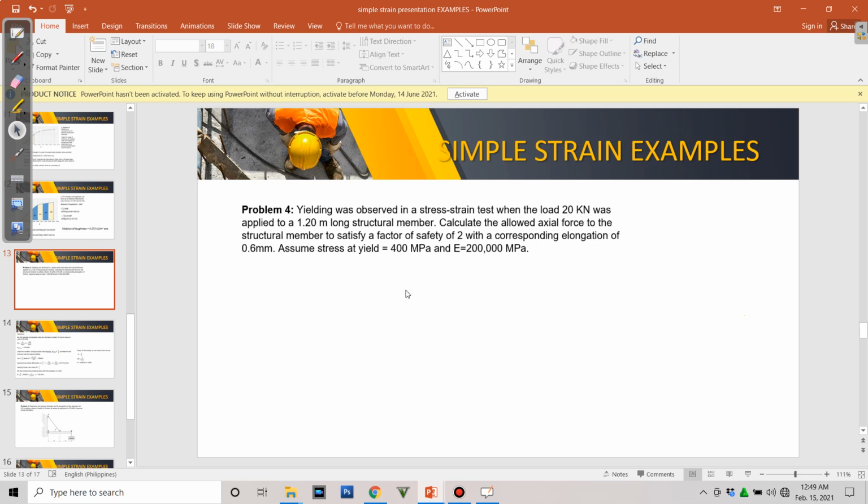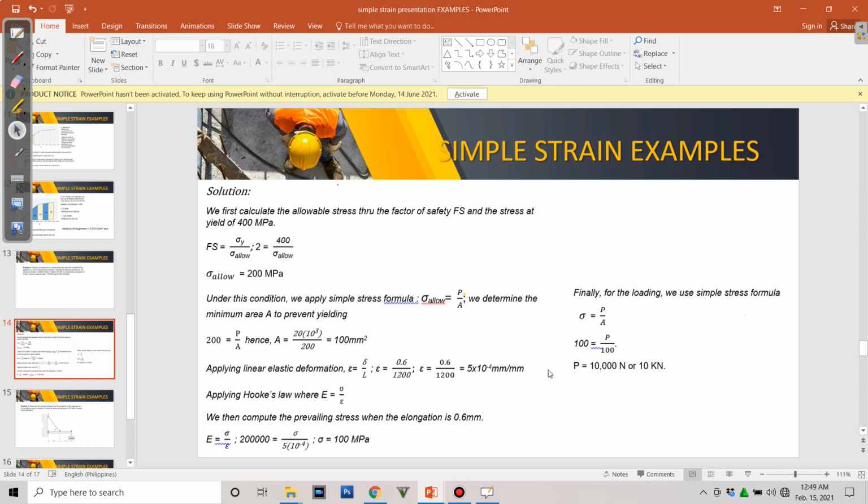Okay, then we can arrive at a half of 20 kilonewton. So this is just a coincidence because of the numbers applied here.